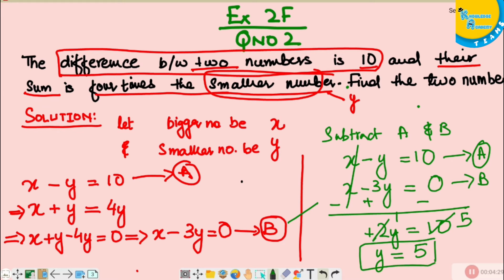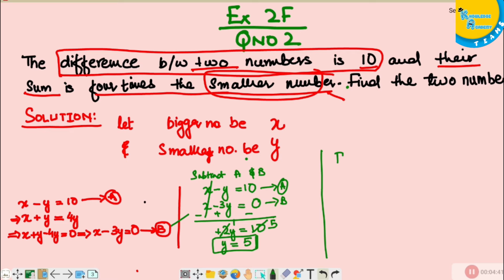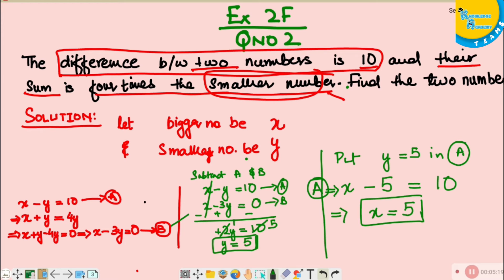Now I'm going to put the value of y in equation A. x is equal to, this y will go on the other side and become plus, so 10 plus 5, x is equal to 15.